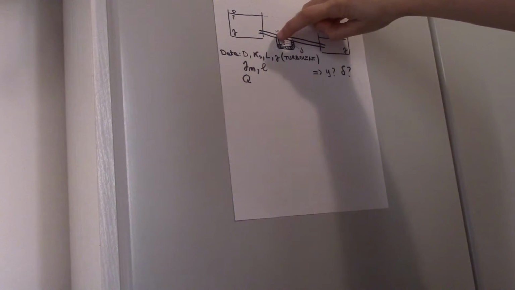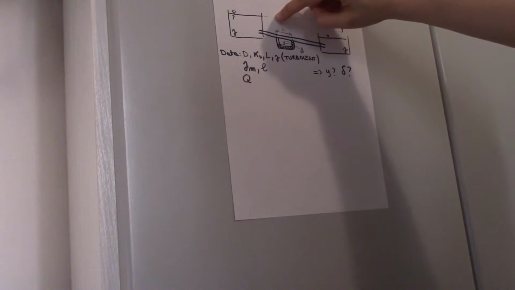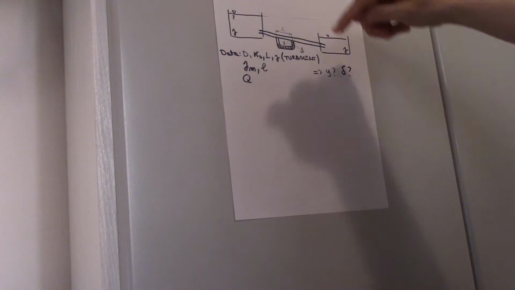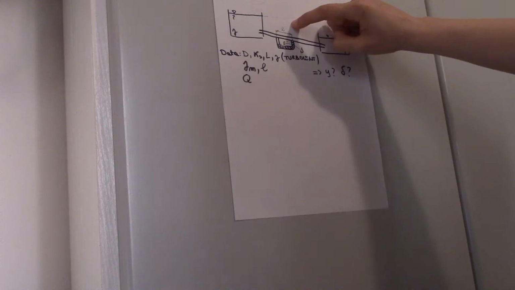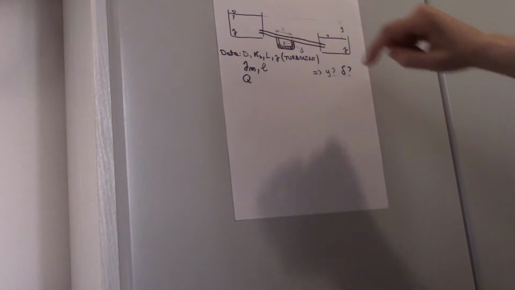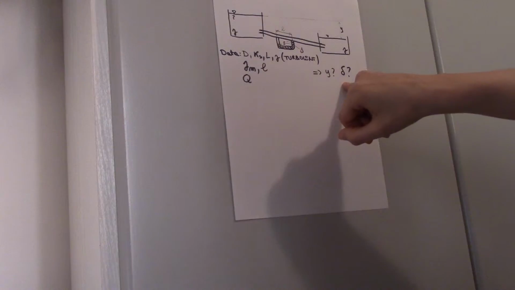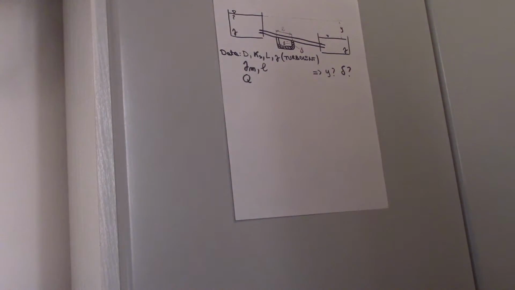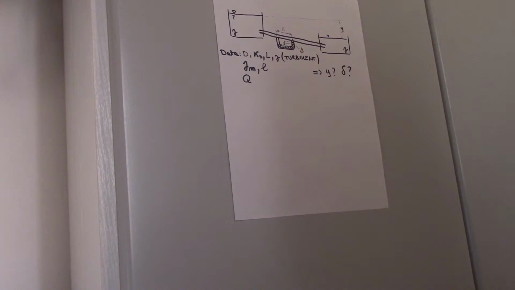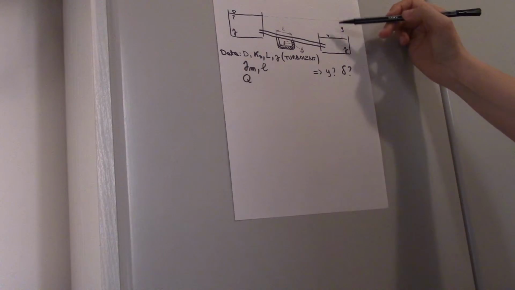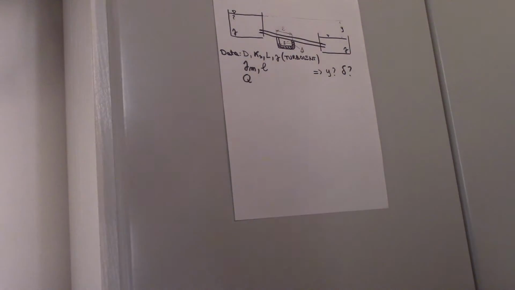So in this point you will have a value of piezometric head, and in this other point you will have another value of piezometric head, which means that the difference between these two values gives you delta. Finally, we will also draw the total head line and the piezometric line. So let's start first with the computation of the difference between the two levels.